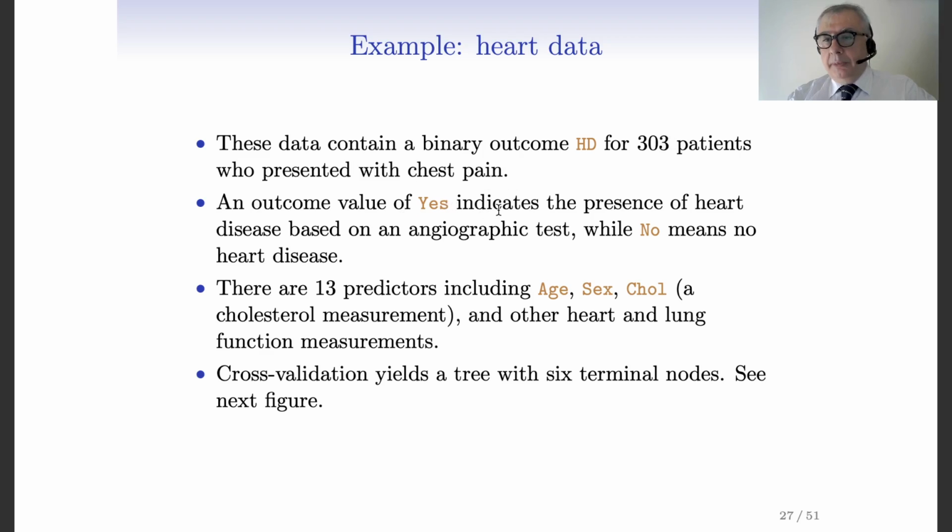And an outcome of yes indicates the presence of heart disease, and no means that there is no heart disease. And there are 13 predictors, including age, sex, in the sense of gender, cholesterol, and other measurements. We have been using cross-validation, and this yielded a tree with 6 terminal nodes. Let's see the figure.